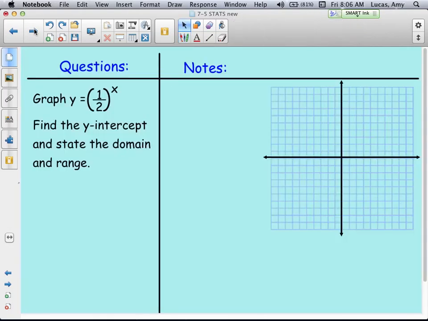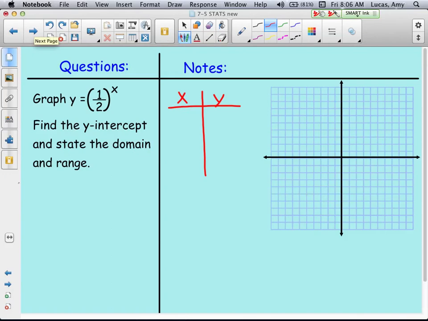This next one, we have a fraction. If I start with 0, 1/2 to the 0 power equals 1.